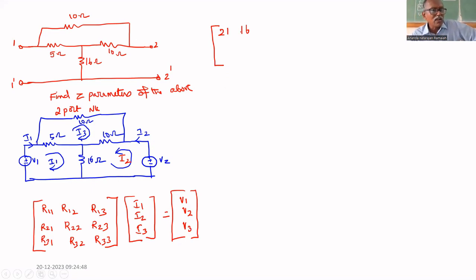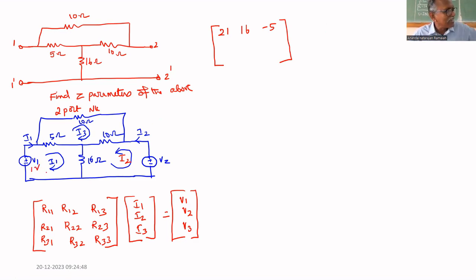Then R13 is common to 1 and 3. What is the direction of current? The direction of current is opposite. That's why minus 5. What is the voltage in the first loop? V1. Let us assume that it is 1 volt.